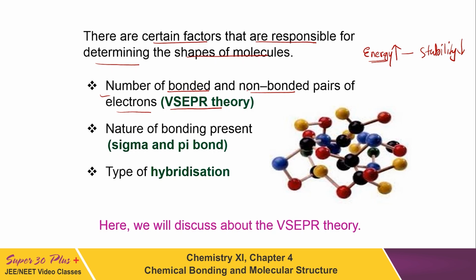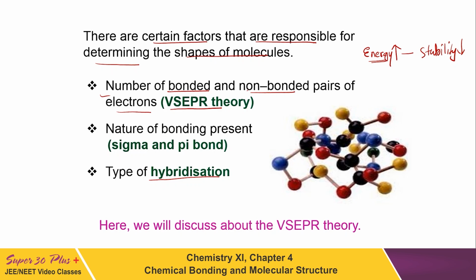The central atom arranges electron pairs around itself in such a way that repulsion between them is minimized, and during this attempt at minimum repulsion they attain some geometry called hybridization and shape of the molecule.